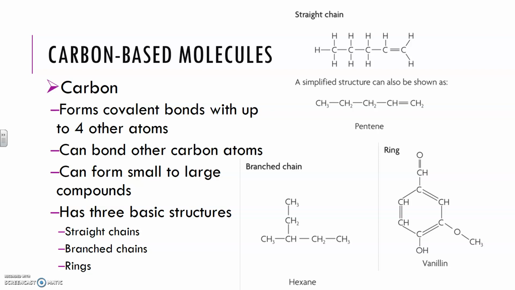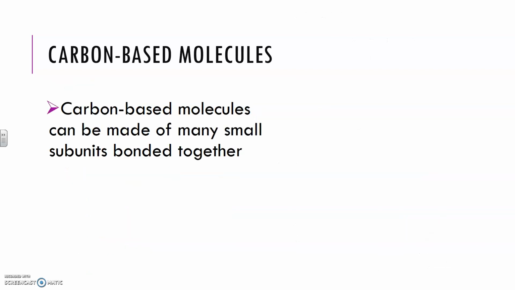So, straight chains, branch chains, and rings are the three basic structures that carbon compounds can form. Carbon-based molecules can be made up of many small subunits bonded together. That can be a small compound, it can be what we're going to learn about in the next section, amino acids, it can be sugars, it can be anything like that.